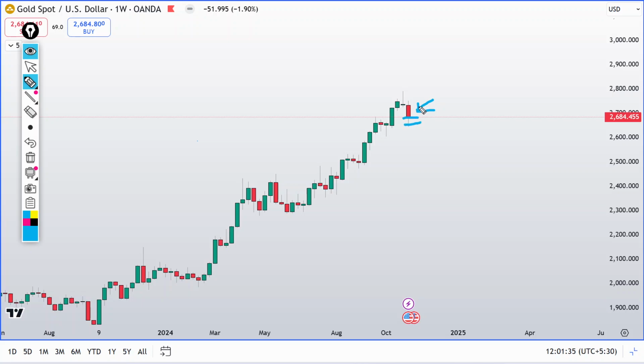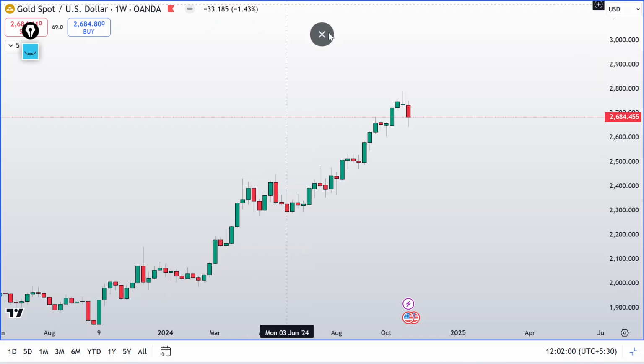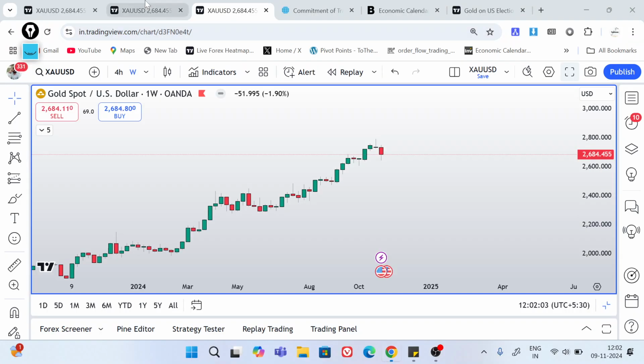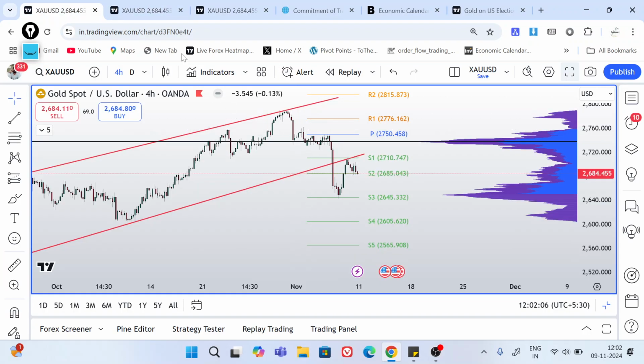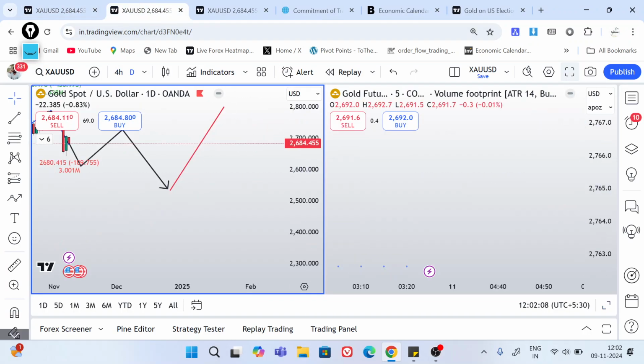We have seen a rejection, but overall it is also a good bearish candle that closed, and we can expect another down move in the coming weeks because in the higher time frame we are in correction right now, but I'm not expecting a much bigger or deeper correction. So at present a correction is possible to the lower side. These are the different charts that I want to discuss.